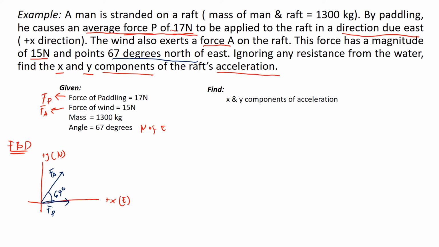If you want to be more accurate, you can use your protractor when plotting this, but in this case I'm just assuming that this is 67 degrees. So this is the free body diagram of our forces, and this will serve as the basis for us to analyze and interpret what appropriate equations we can derive from it by using the trial and error method.